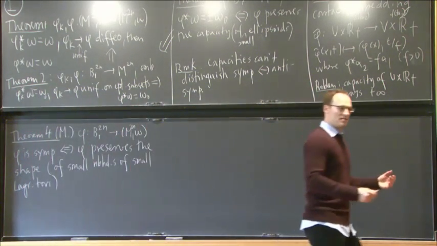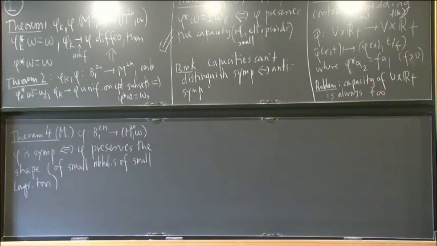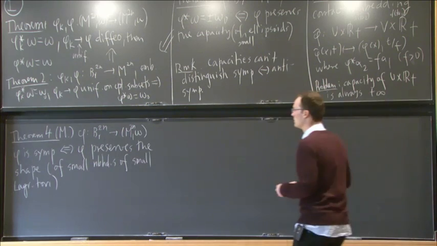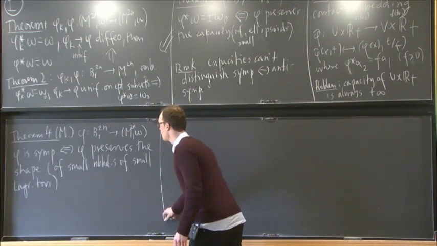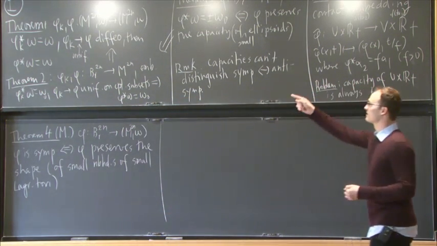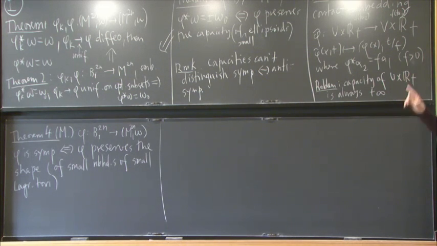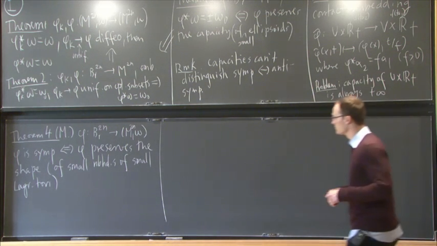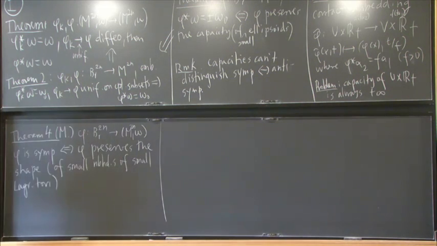What I mean by that statement is that a symplectic embedding preserves shape, and then it's enough to preserve the shape of small Lagrangian tori, and then you get the converse. And then that's what I want to prove. And for that, I'm going to have to tell you what shape is, but that's what replaces this third theorem for capacities. And that does generalize eventually to contact embeddings. Now, that's what I'm going to explain.